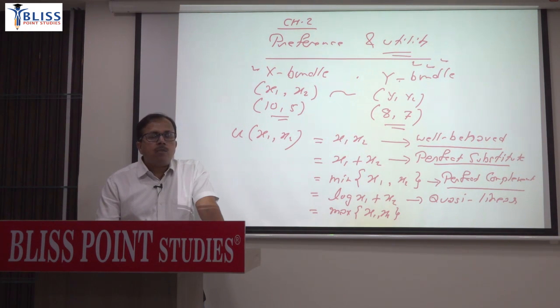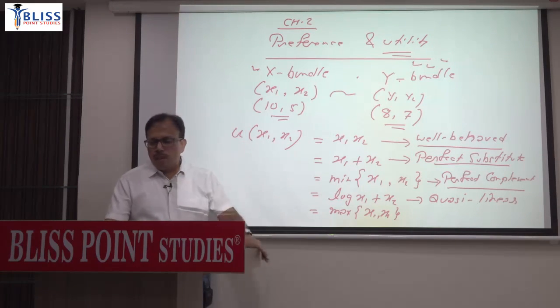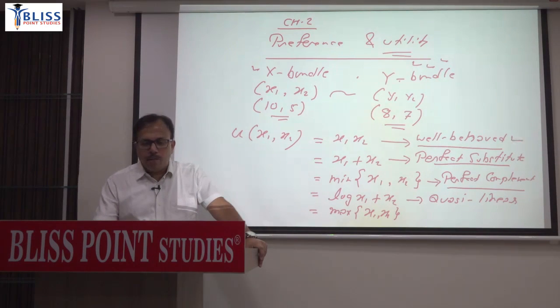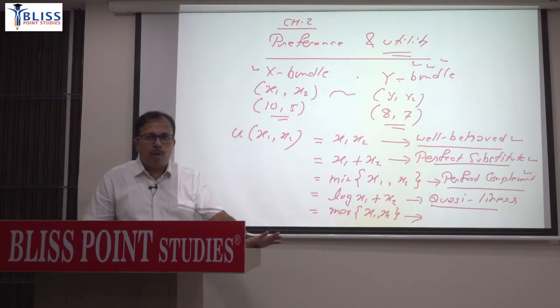In that case the preference will become concave. So there are n number of ways by which you can express the utility function. I have written the most prominent ones, which include well behaved, perfect substitute, perfect complement, quasi-linear, maximum function or concave function. So there are a few important ones.